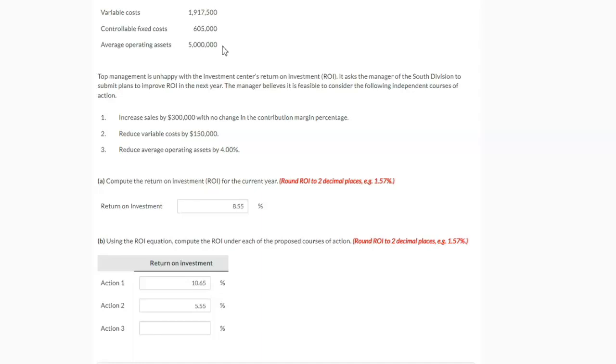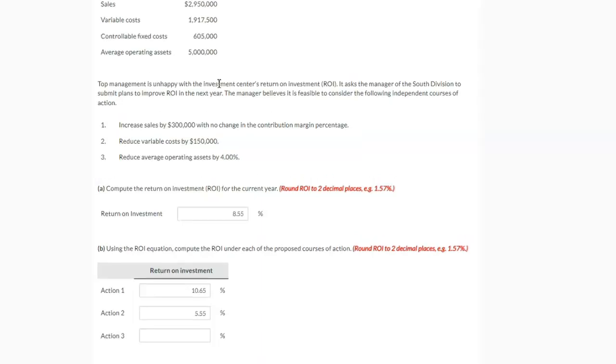Now go back and take the original controllable margin: 2,950 minus 1,917 minus 605, divided by 4,800,000.